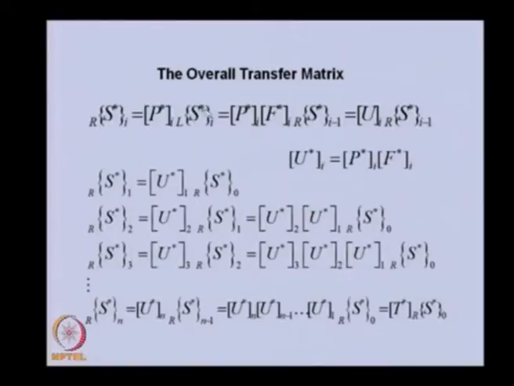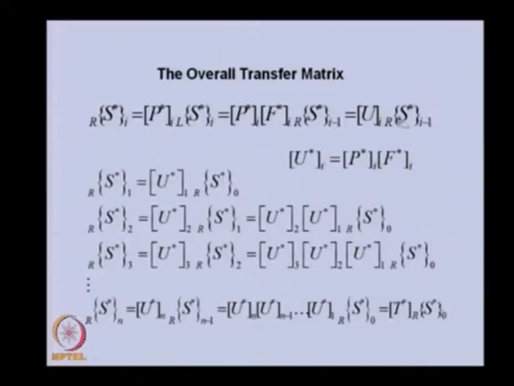So, if we substitute, we can relate the state vector right of the i minus 1 disk to the state vector right of the ith disk, and this P into F we call the transfer matrix.